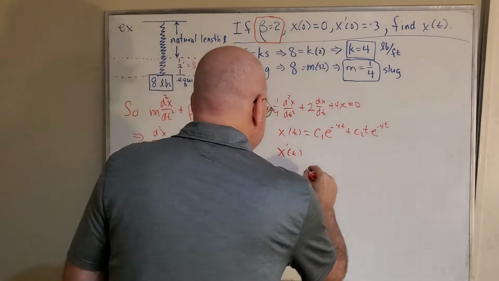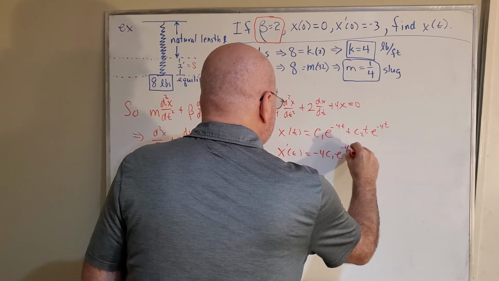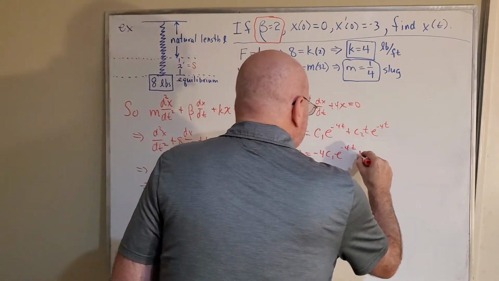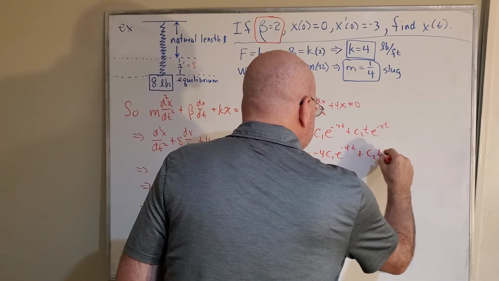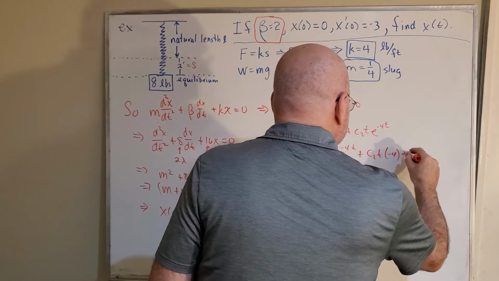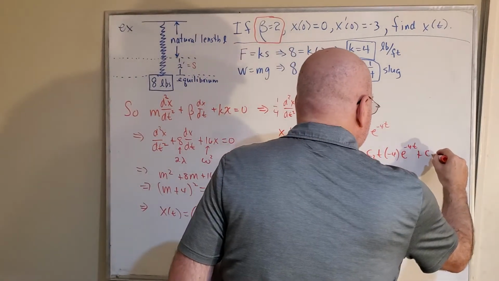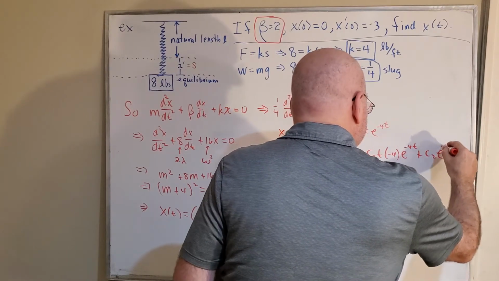The derivative is negative 4 c1 e to the negative 4t plus c2 t times negative 4 times e to the negative 4t. And the last term is plus c2 e to the negative 4t.